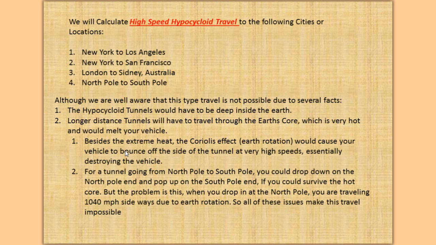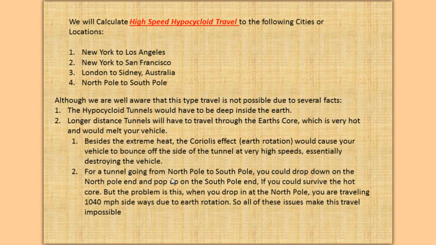You see, as the Earth rotates, you're moving from east to west. So there's what's called a Coriolis effect. And if you drop down this hole, that Coriolis effect will cause you to bounce off the walls.